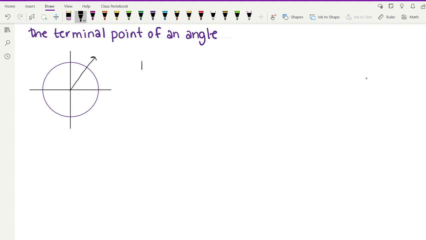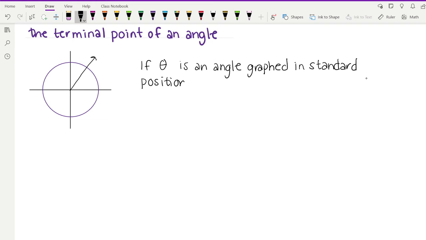So let me write that down. So if theta, remember theta is just the Greek letter that we will sometimes be using to refer to angles. So if theta is an angle, specifically an angle graphed in standard position, so graphed on the xy coordinate plane, like we said, so that the initial side is along the positive x-axis.